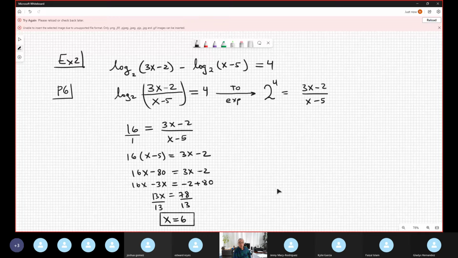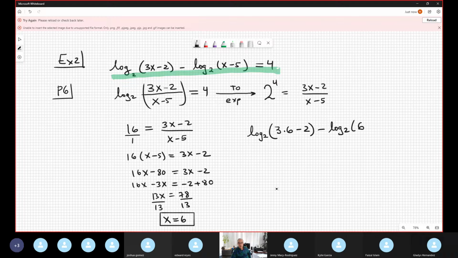Verification where? In the original equation. Never touch it, it's waiting for this moment. You replace x with 6 and verify this statement is true. So check: logarithm base 2 of 3 times 6 minus 2, minus logarithm base 2 of 6 minus 5, should be 4.